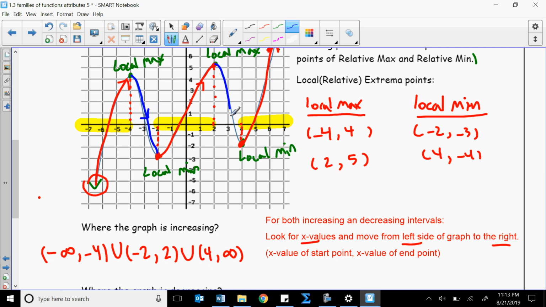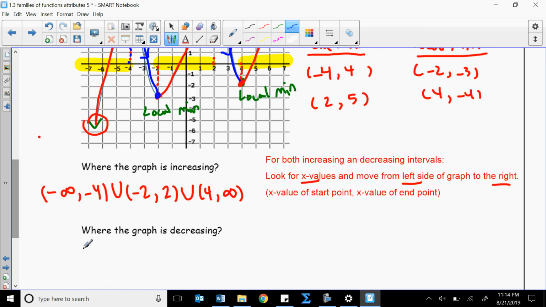Also from here to this point, it's going down again. So I have to write the intervals of these two parts. The first section starts from this point and ends at this point. So I write the x value of the start point, which is -4, and the x value of the end point, which is -2.